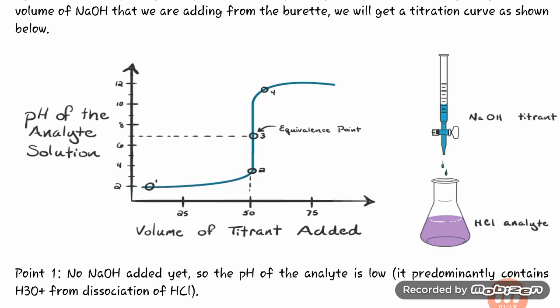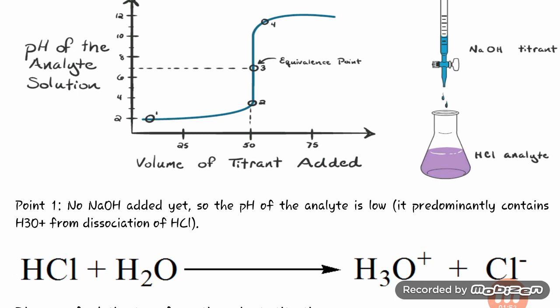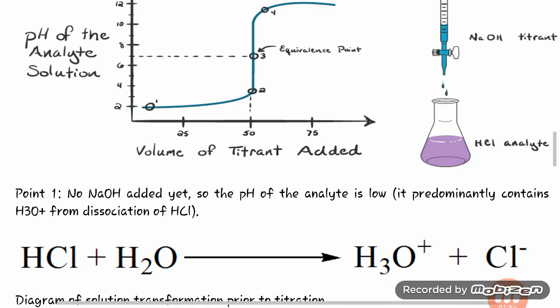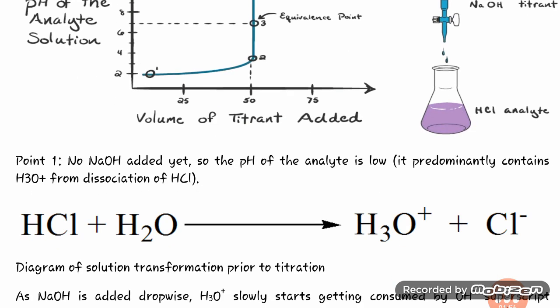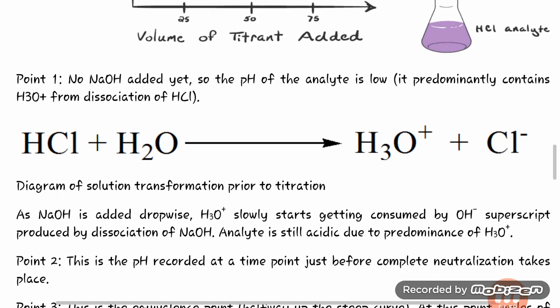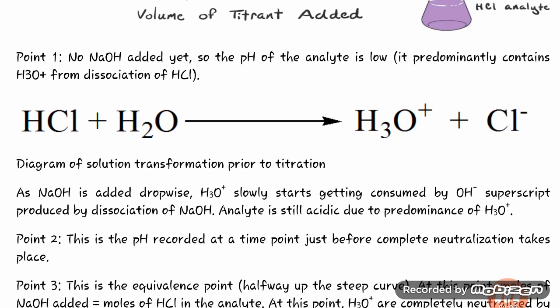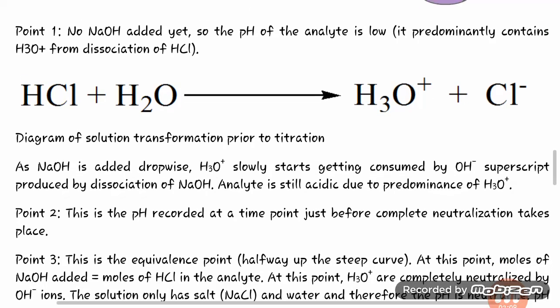You can see here, this example I have taught you in the previous class also, so you can check the previous class for this. Point 1: no NaOH is added yet, so the pH of the analyte is low, as H3O+ is predominant.